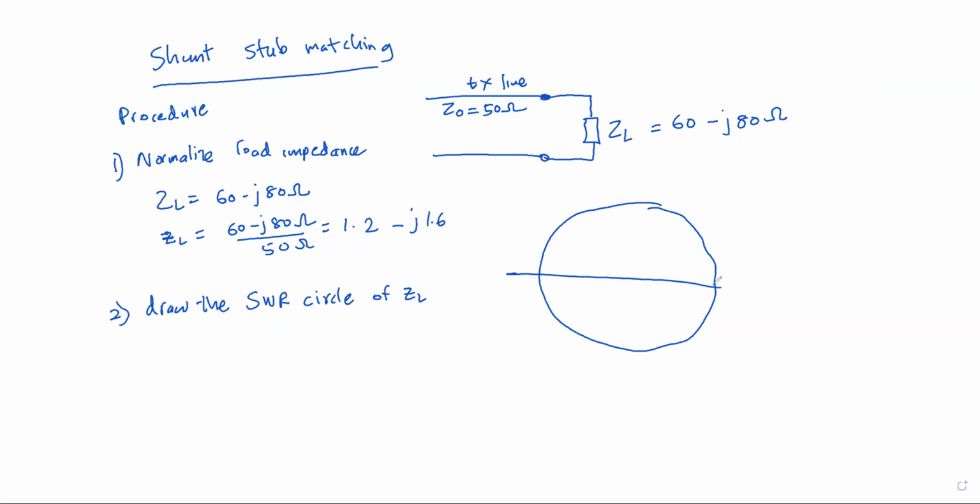Okay, so once you are marking that point, first you need to mark the 1.2 circle in the impedance circles, right? 1.2 circle you need to first select, and then minus 1.6. Minus are available in this bottom side, right? You need to select the 1.6 line, and then you need to take the intersection between these two lines, one circle and the line.